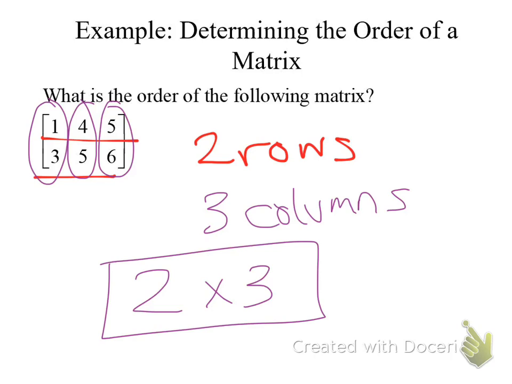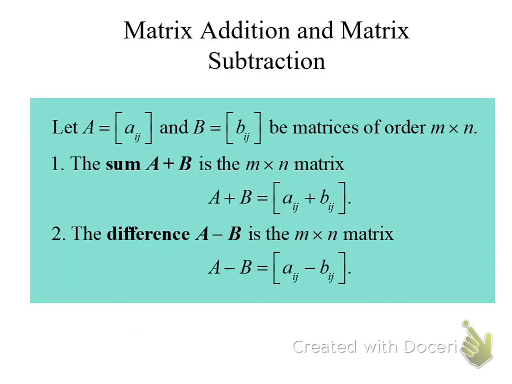So now that we know what matrices are and how to identify the order, let's talk about adding and subtracting matrices. To add and subtract matrices together, they have to be of the same order. You cannot add or subtract them if they are not the same order; that answer would not exist.